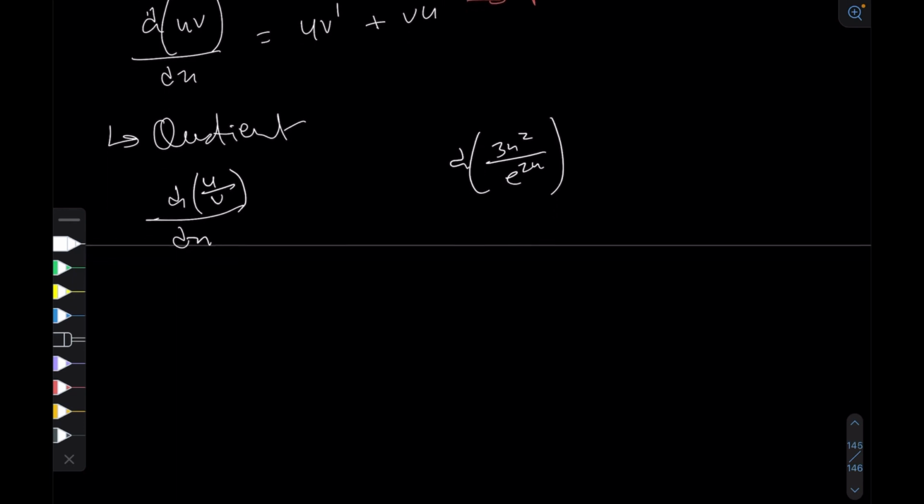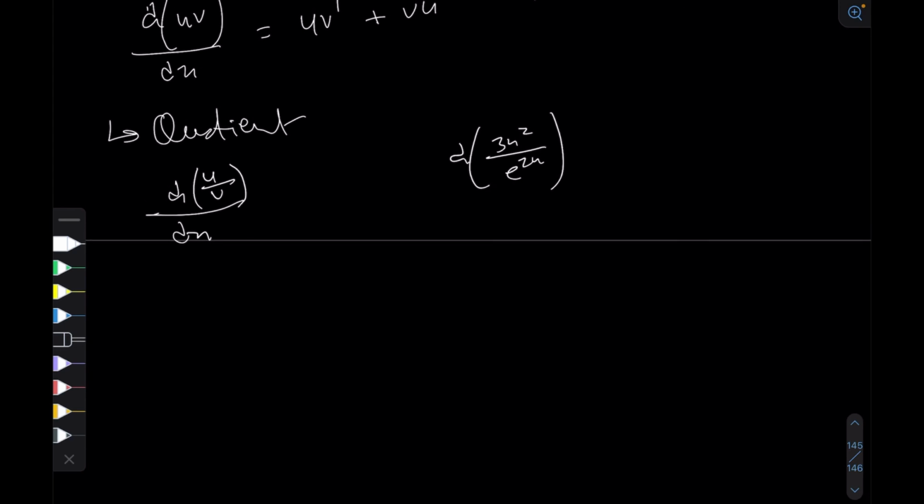The quotient rule says that for any u over v, its differential would be v u prime minus u v prime over v squared, right? So here my u would be 3x squared, my v would be e to the 2x, so my u prime would be 6x and v prime would be 2e to the 2x.